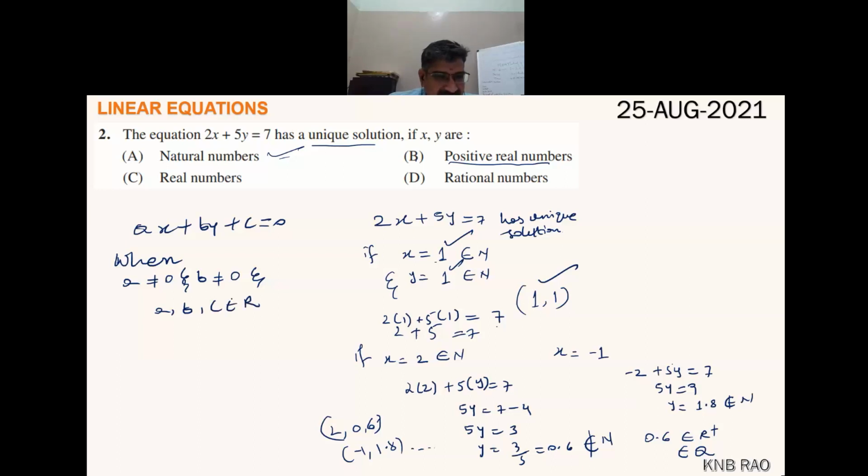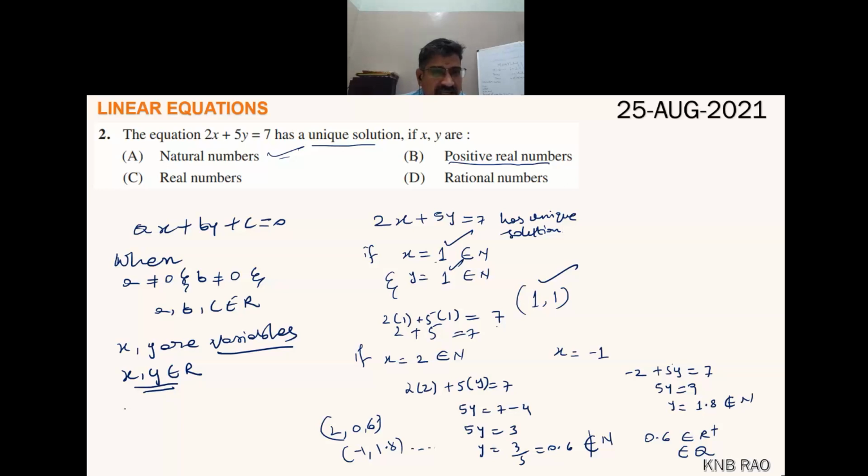These are constants, and x comma y are variables. What type of numbers are they? x and y can be any real numbers. Here, if x and y are any real numbers, we have infinitely many solutions.